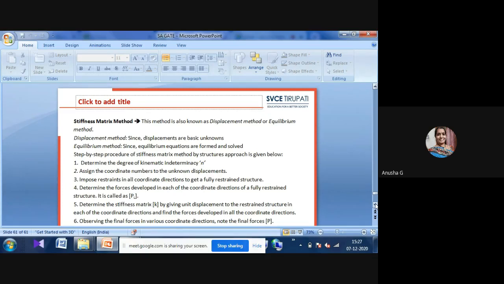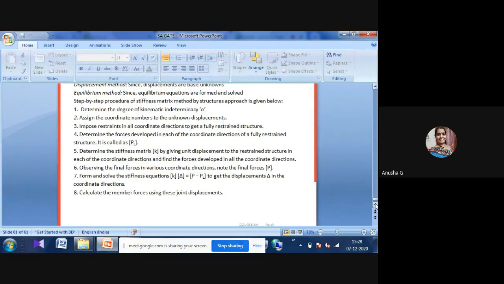This is our formula, and we solve the stiffness equations: K into delta equals P minus PL, and the displacements will be calculated.